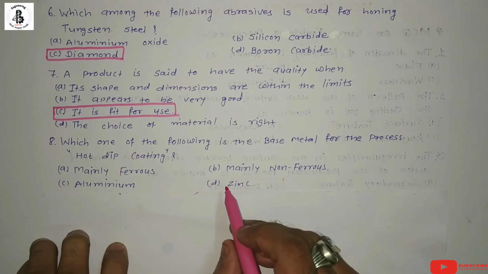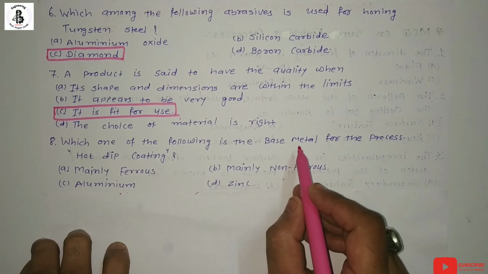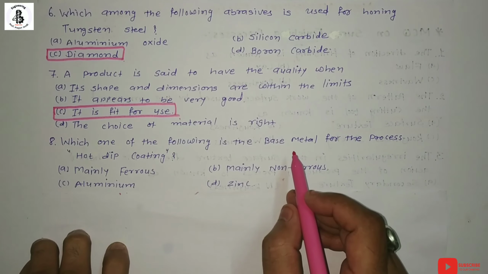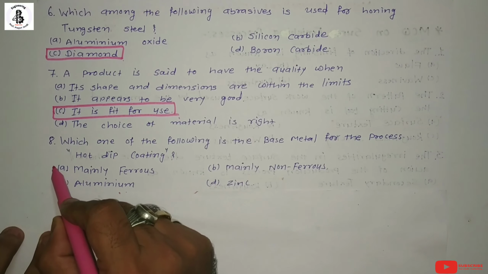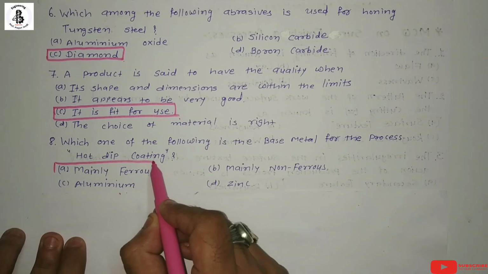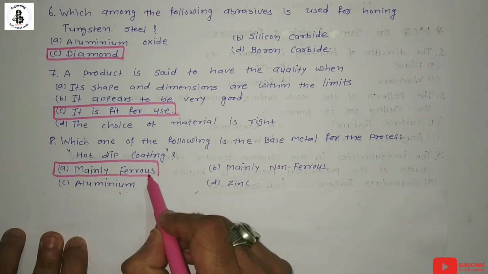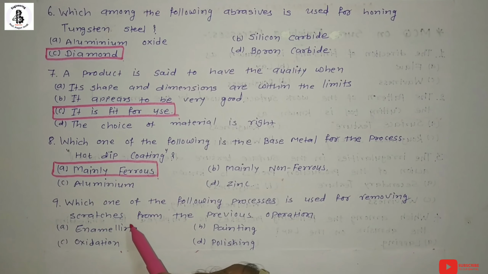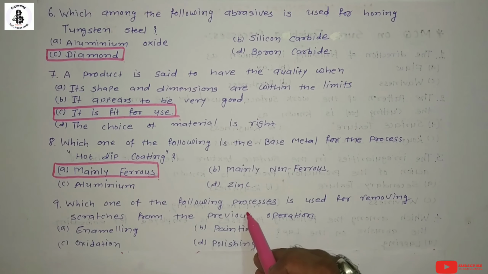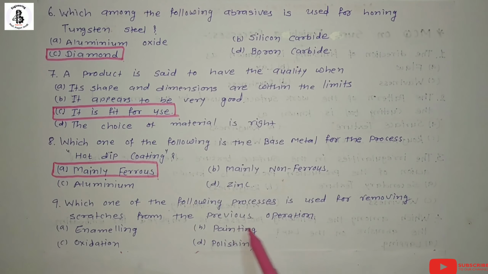Generally mainly ferrous material is the base metal for the process because it is easily available. Hot dip coating is performed on it for improving its characteristics. So the option A.